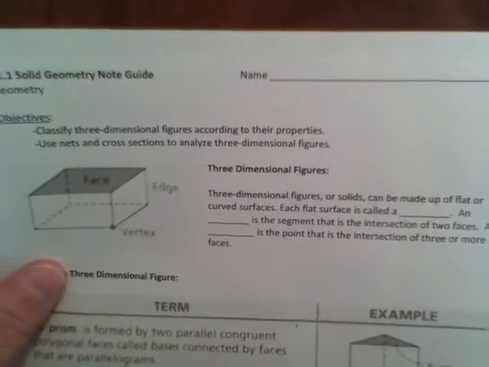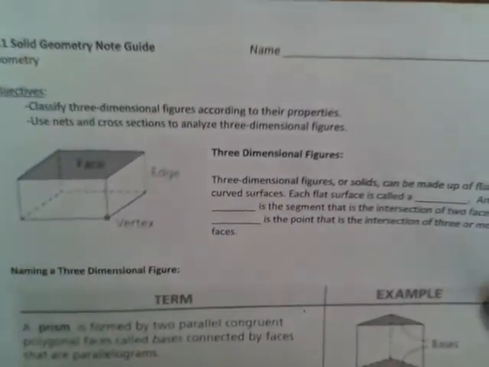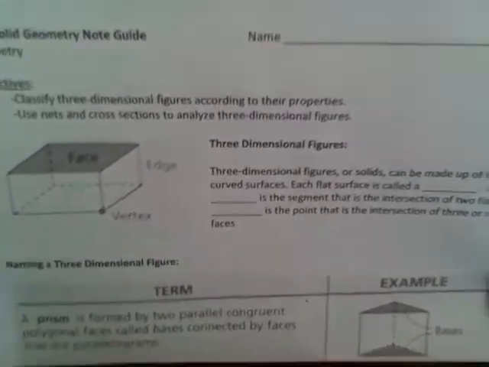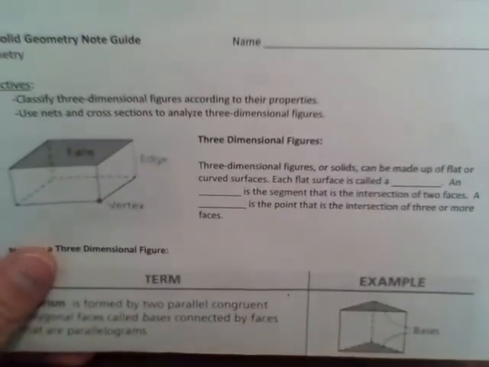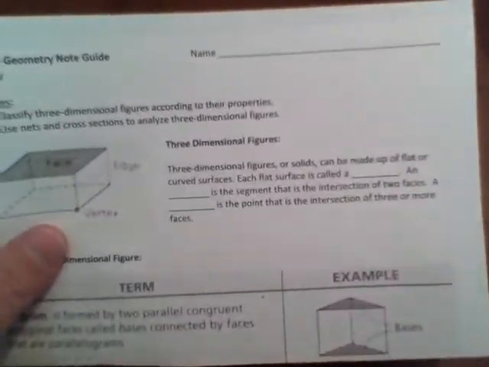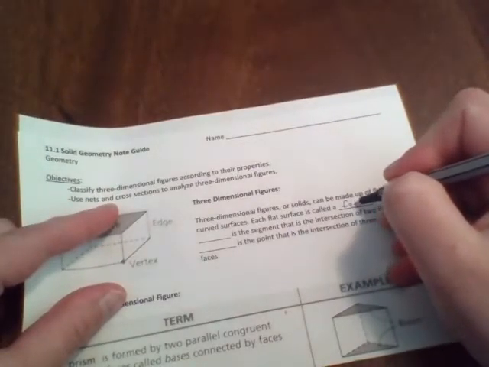So if we go over here to this three-dimensional figures summary, three-dimensional figures or solids can be made up of flat or curved surfaces. Later on you'll see this one here, your cylinder, with curved surfaces. Each flat surface is called a face.